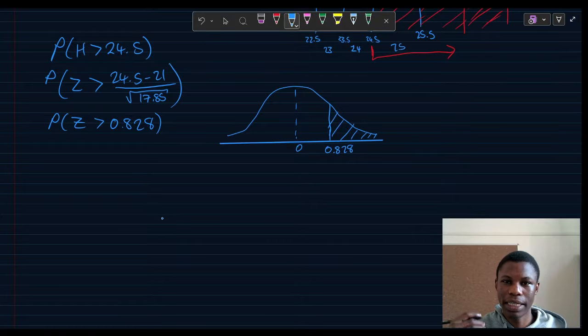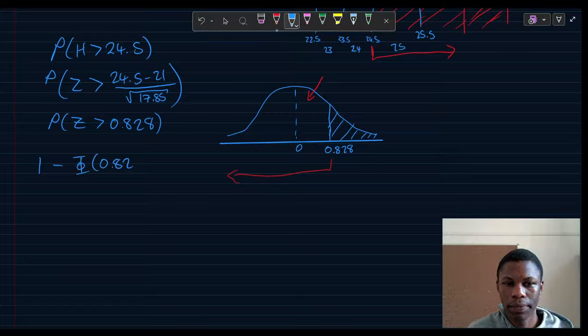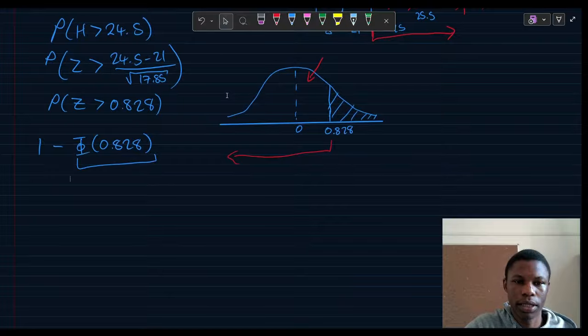Remember, our tables only read the area to the left. So from our table, we'll be able to get this area to the left. So we can say 1 minus the area to the left, because we know the total area under this curve is equal to 1. If I subtract this unshaded region from 1, I remain with the shaded region. To write that, we can say 1 minus phi of 0.828, which means the area to the left of 0.828.